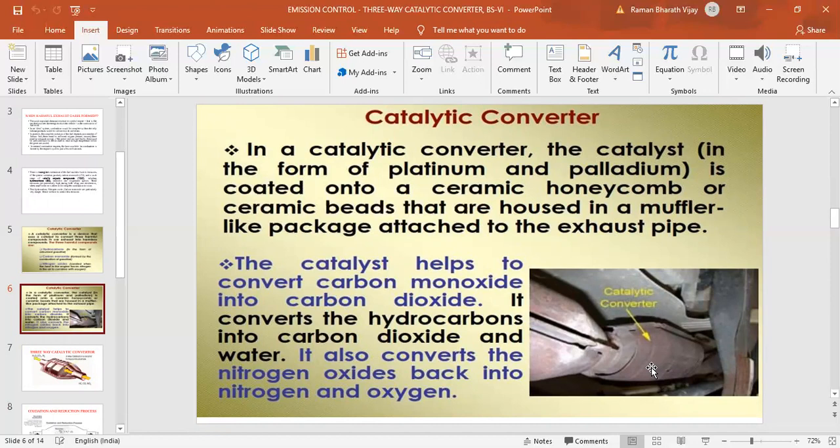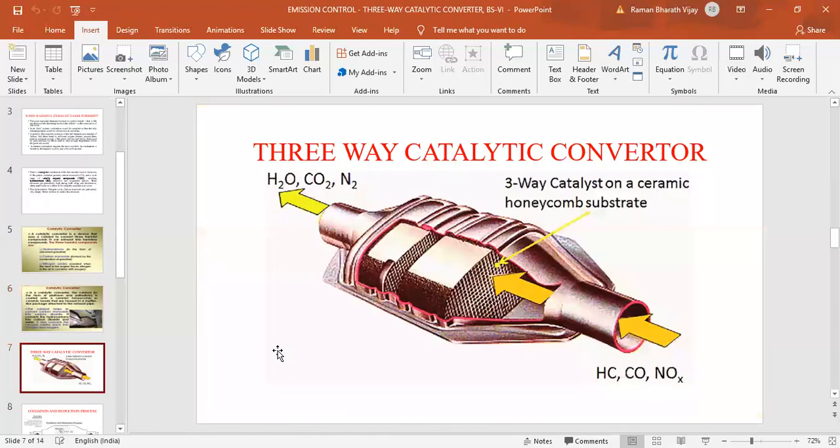So we keep the honeycomb structure in a muffler-like package which is attached to the exhaust pipe. We use two catalysts, palladium and platinum. This catalyst automatically converts harmful gases into harmless gases. You should know what a three-way catalytic converter is.